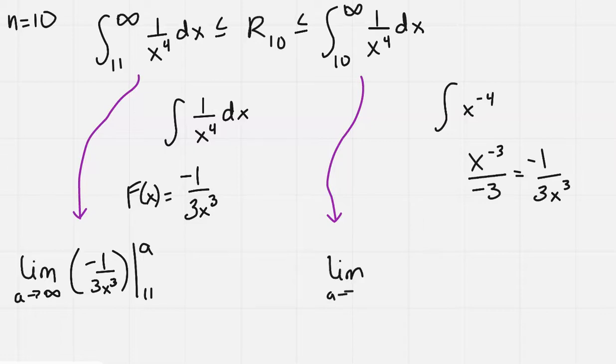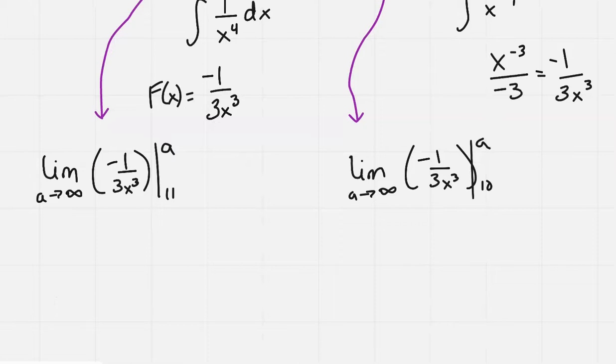Limit as a goes to infinity of negative 1 over 3x cubed from 11 to a. And then write this out.